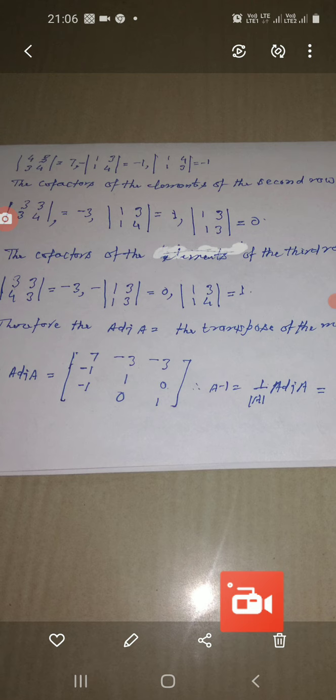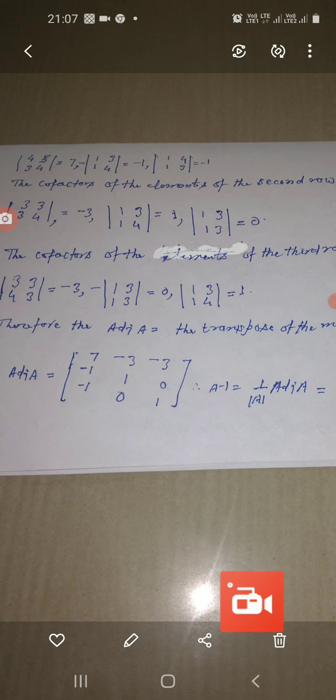Similarly, the cofactors of the elements of the third row of determinant A are, you see that this is very simple, determinant 3 3 4 3, and its value will come out to be minus 3, minus determinant 1 3 1 3, and its value is equal to 0, and determinant 1 3 1 4, solve this, you will see that its value is equal to 1.